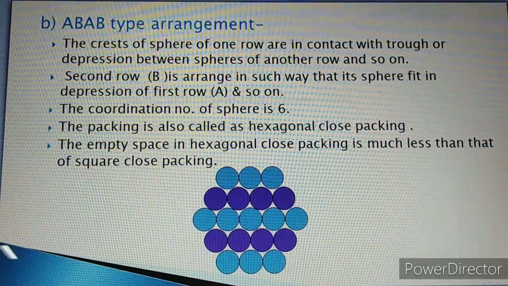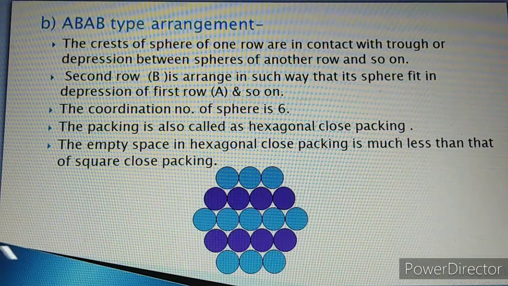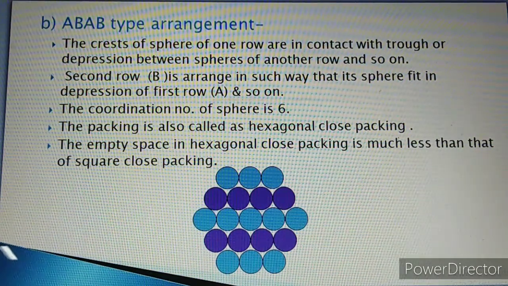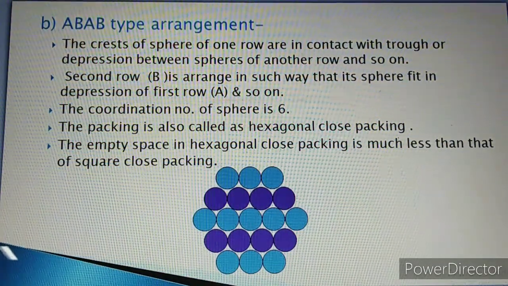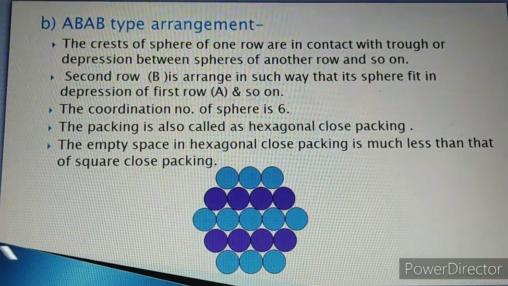The first row is indicated by A, the second row by B, and between the depressions of the first row A, the second row is arranged. The coordination number for this ABAB type arrangement is 6. If you select any sphere, you will find that the sphere is in contact with 6 neighboring spheres. Therefore, the coordination number for ABAB type arrangement is 6.